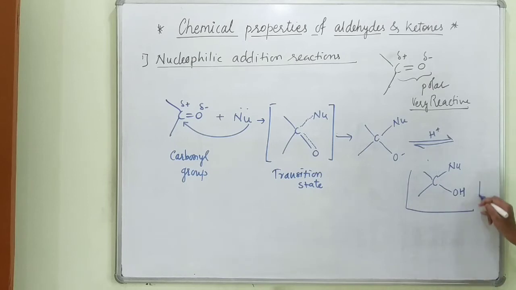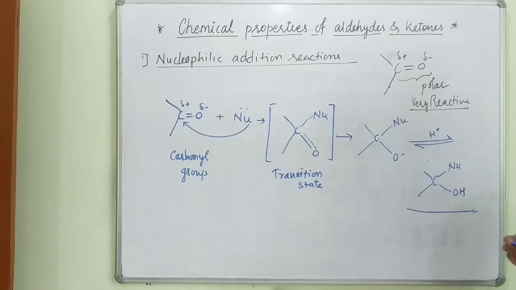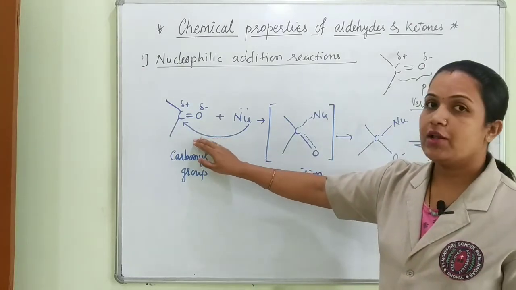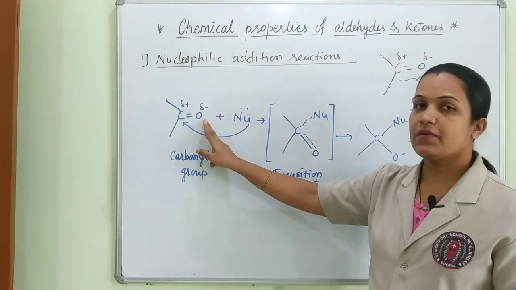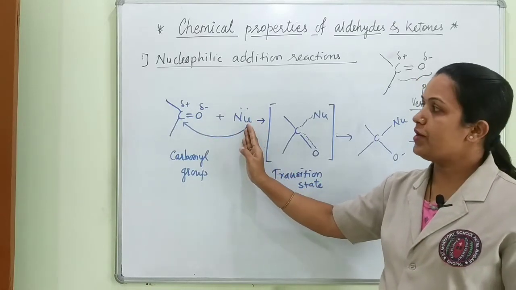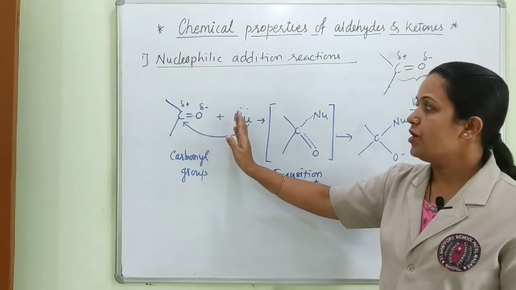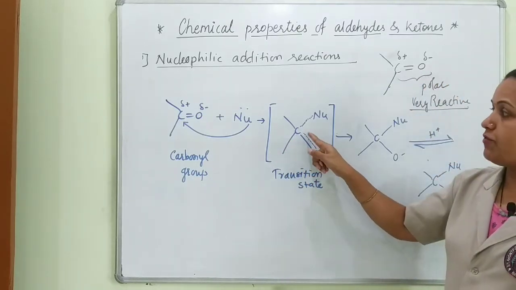So whenever a nucleophilic addition reaction happens, the carbonyl group reacts in this way. Now let's understand the mechanism one more time. This is the carbonyl group. In it, carbon acquires a partial positive charge and oxygen acquires a partial negative charge. The nucleophile will attack the carbon, which is positive in nature, and there will be formation of a transition state.